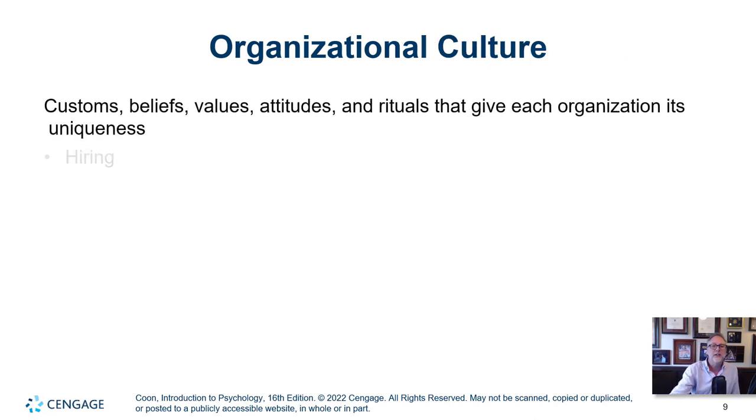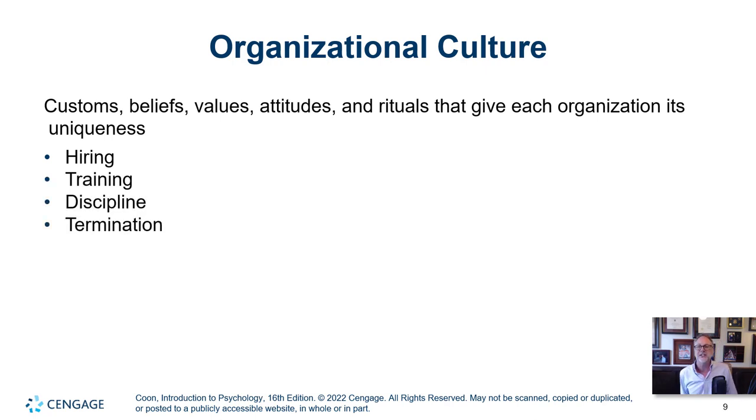So let's look at culture a little bit deeper. Businesses and other organizations, whether they're large or small, develop these distinct cultures. Organizational culture refers to the blend of their customs, beliefs, values, attitudes, and even rituals that makes each company unique.